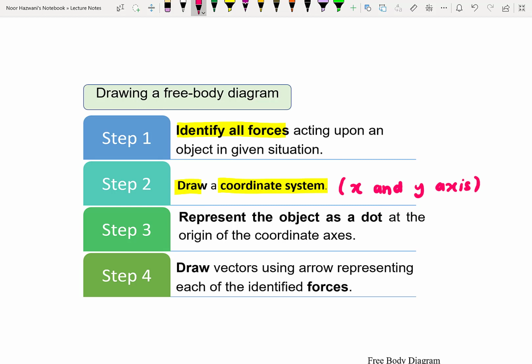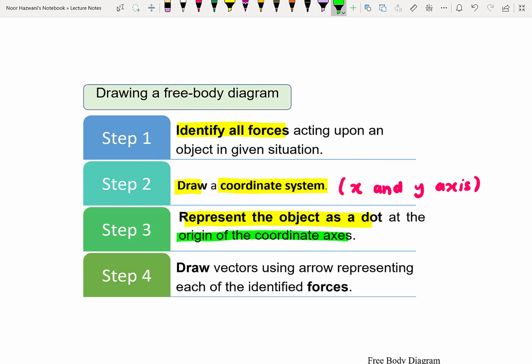Step number 3, you have to represent the object using a dot. And the dot must be placed at the origin of the coordinate axis.